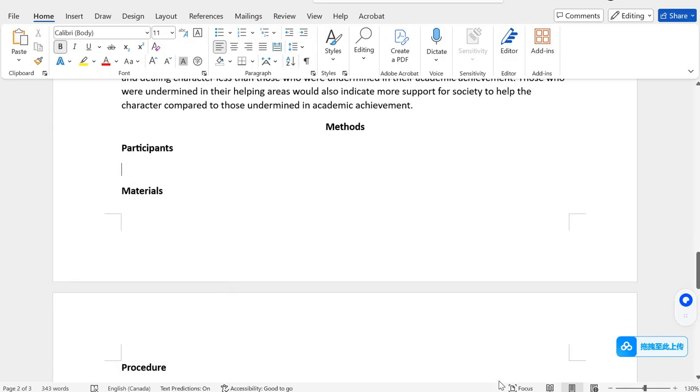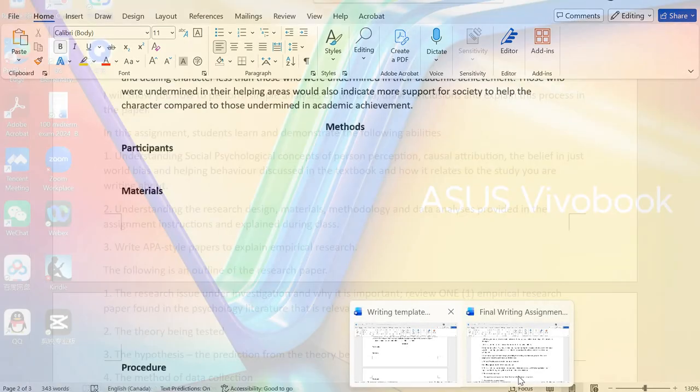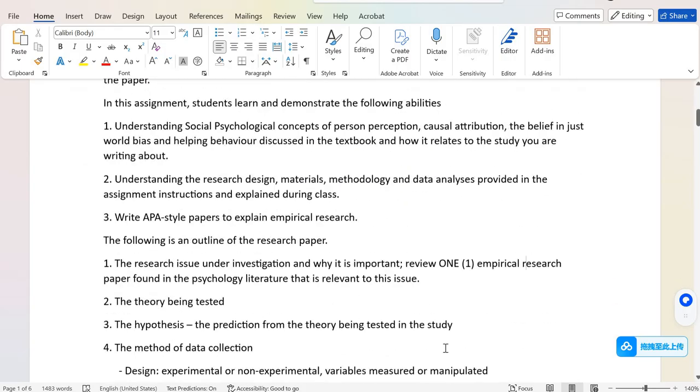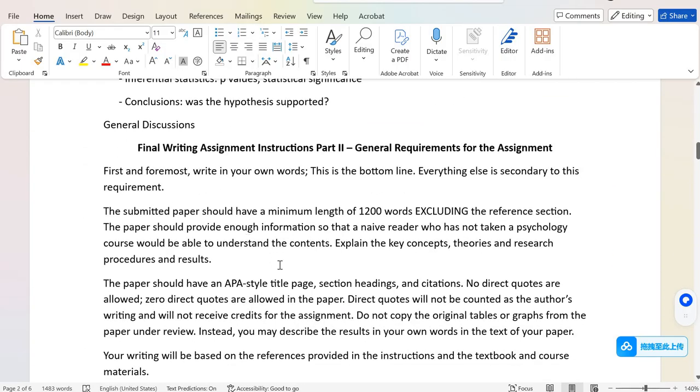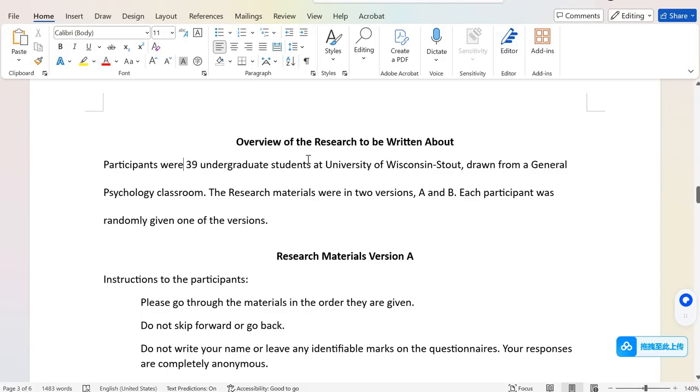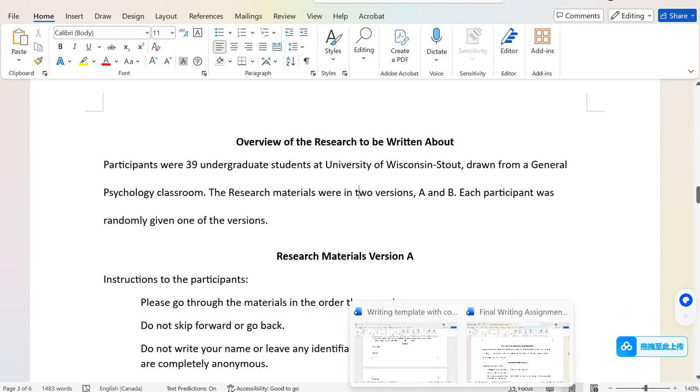The participants, you know that, is in the instructions. "39 undergrad students from University of Wisconsin, and they were attending a general psychology class."